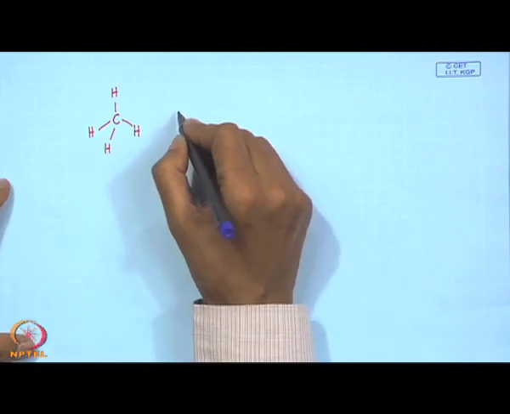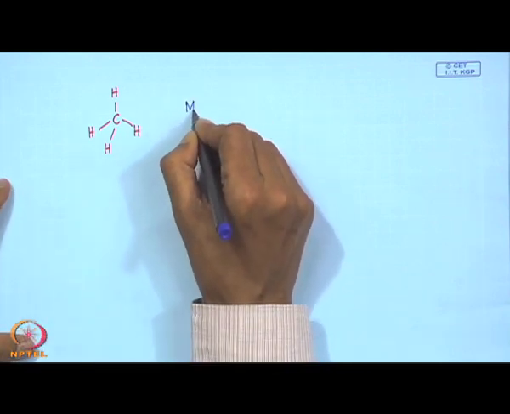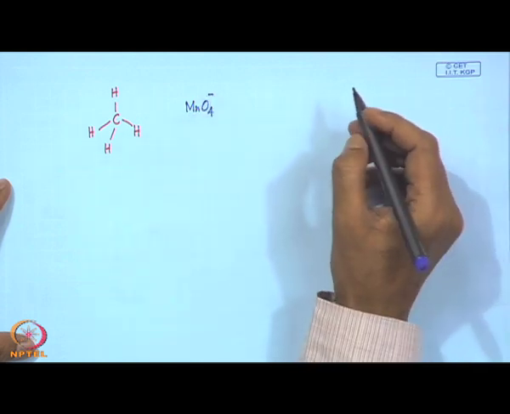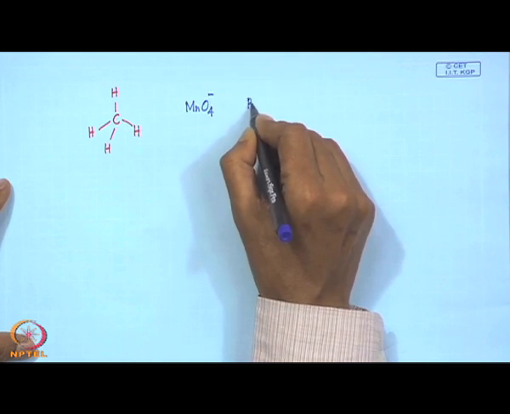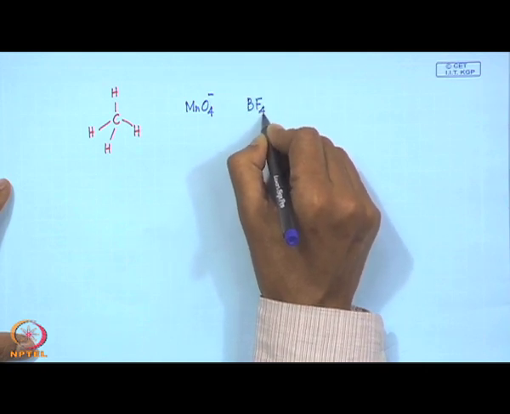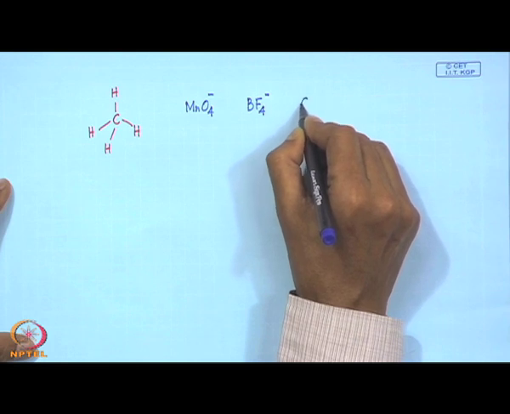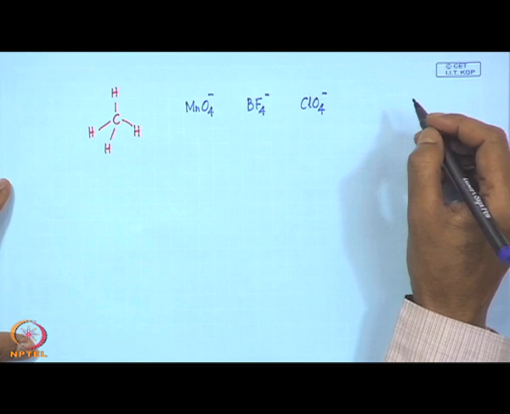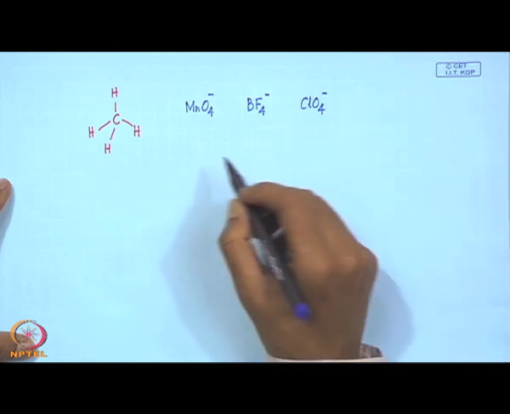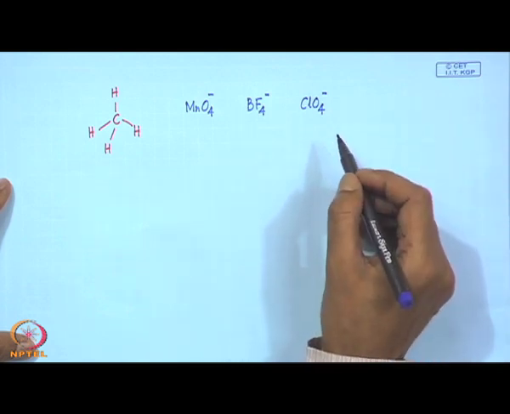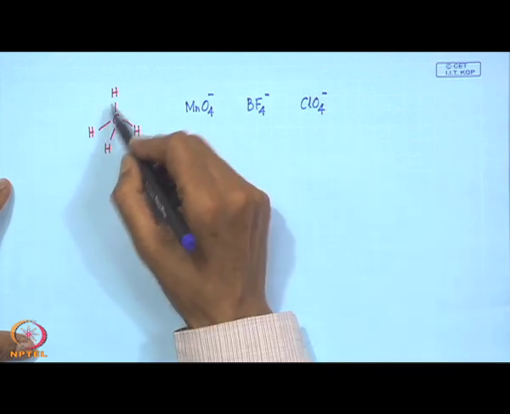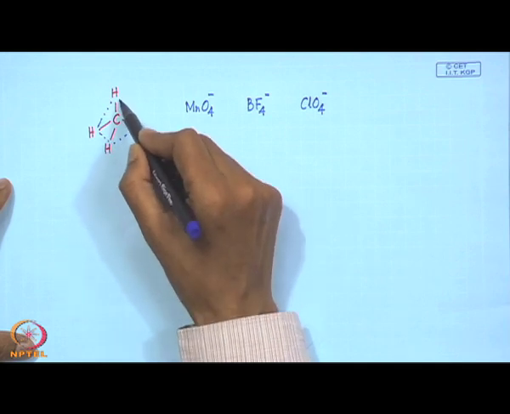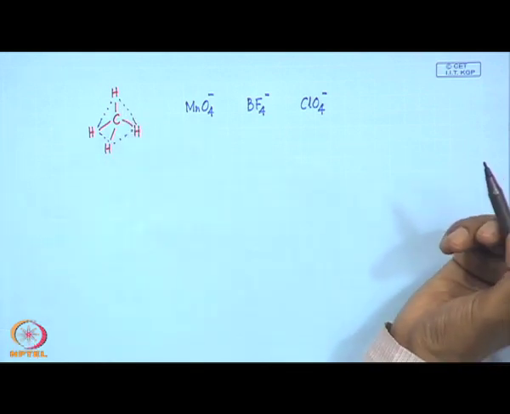Similarly, we have MnO4 minus, which we have just seen, then the tetrafluoroborate anion, then the perchlorate anion. All these are typical examples of coordination number 4 in a tetrahedral environment.